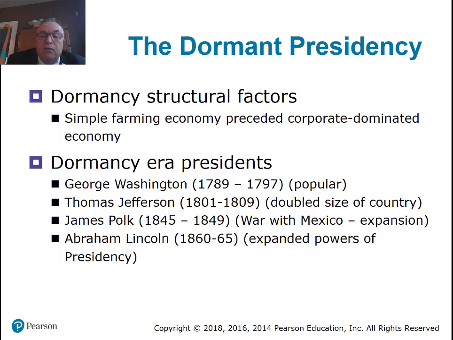James Polk, 1845 to 49, but in his short term as president, in his war with Mexico, he expanded the United States. Mexico lost over half of its territory in the American Mexican War. And part of that is today California, Arizona, New Mexico, and Texas, and parts of Utah, Colorado, and Nebraska.